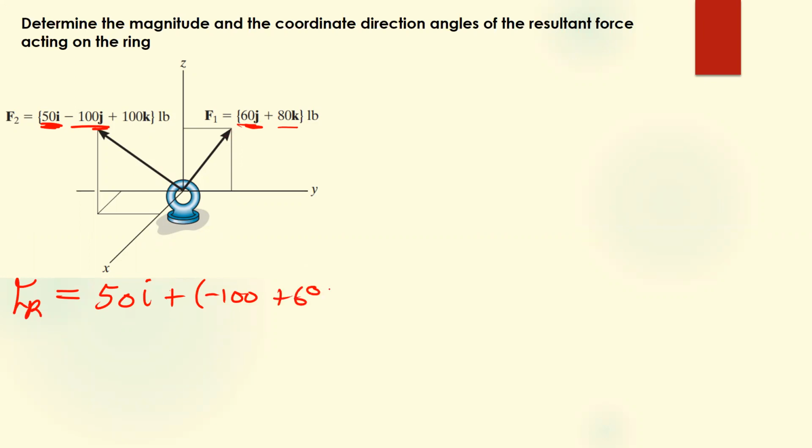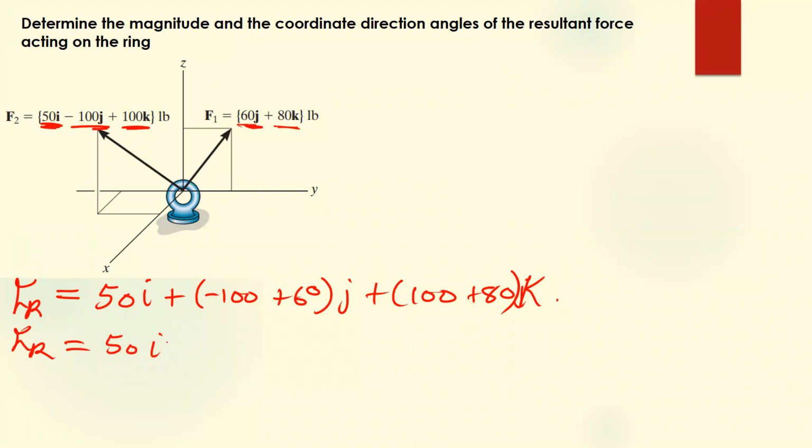So we say plus 60 J. Then in the last one, we have 180 there. So we can say plus 100 plus 80J. This will be K. Then we can add up everything. So when you add up everything, we're going to get 50I plus, when you add this, you're going to get negative 60. Oh, sorry, negative 40.